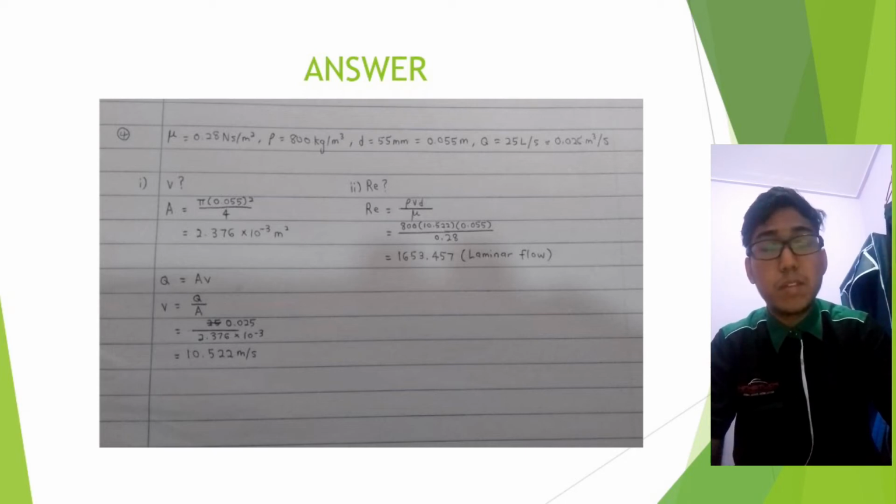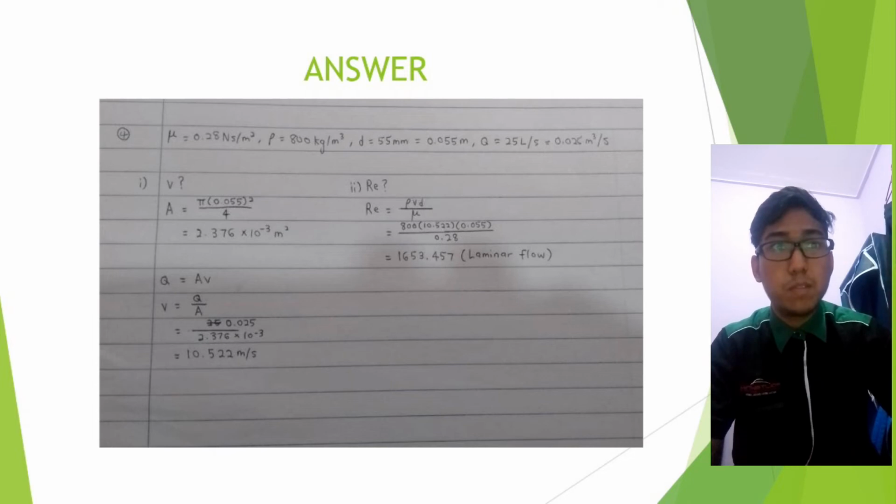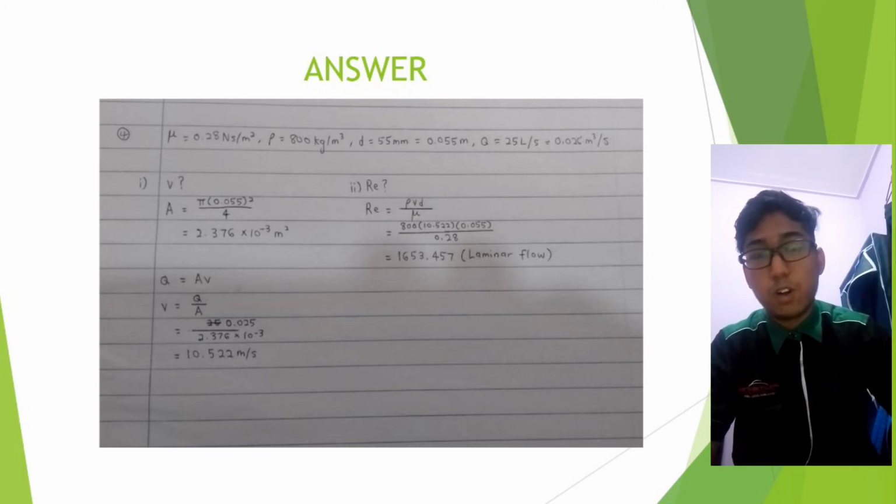Diameter 55 mm, we need to change it to SI unit, so it will be 0.055 meter, and discharge or flow rate Q equal to 25 liter per second, we need to change it to 0.025 meter cube per second.